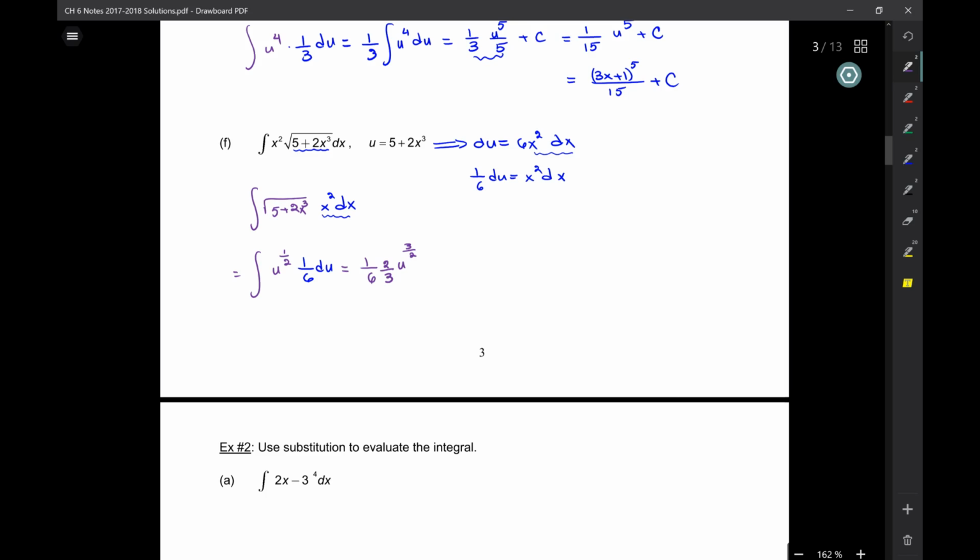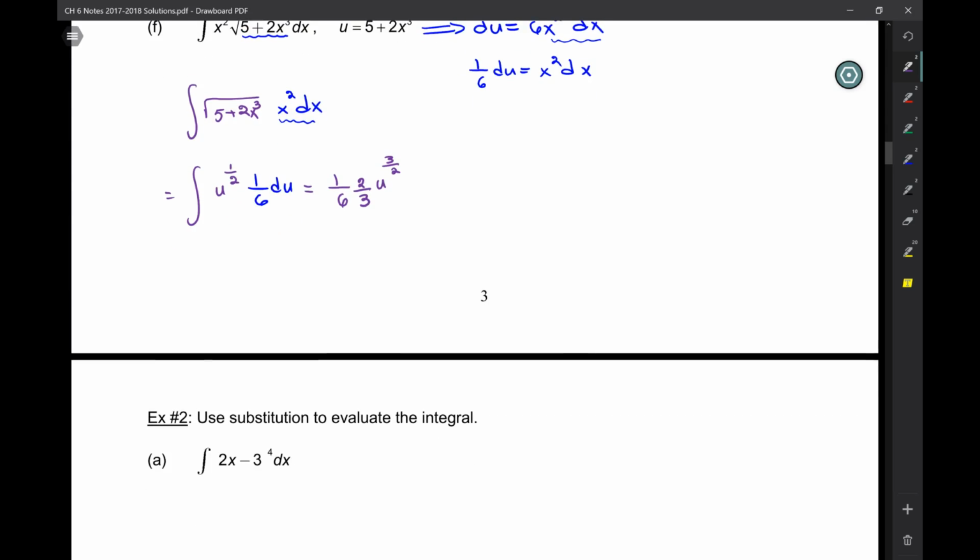Are we okay with this? Yes. So, plus c. Is it okay if we leave it like that? You don't mind if we don't multiply? Of course.